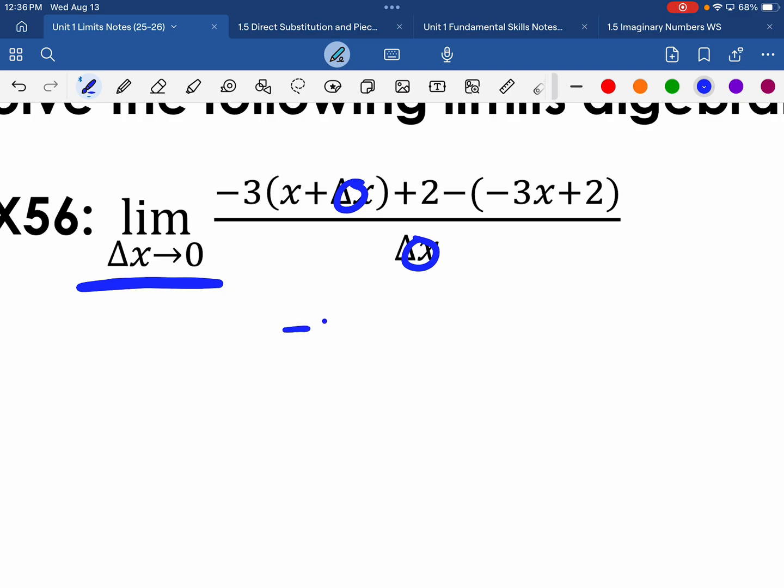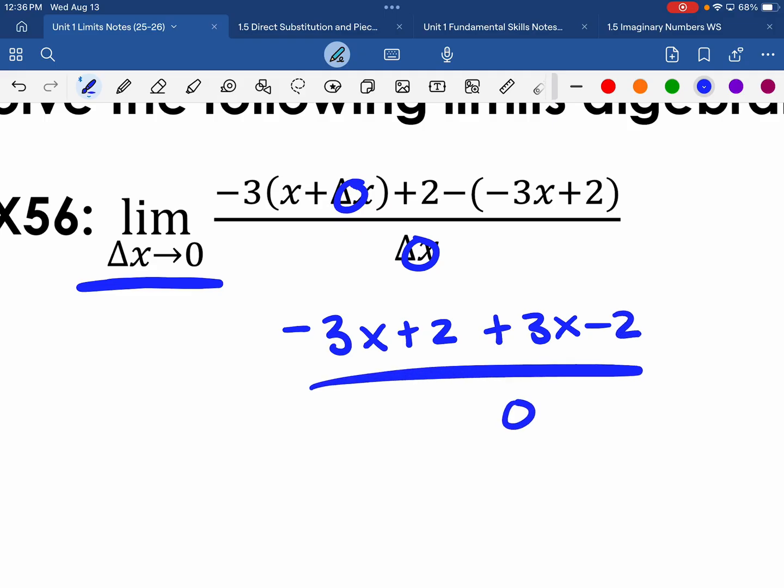So that's going to give me negative 3x plus 2 plus 3x minus 2 all over 0. And what happens with everything on top? It cancels, and so you get the indeterminate form 0 over 0.